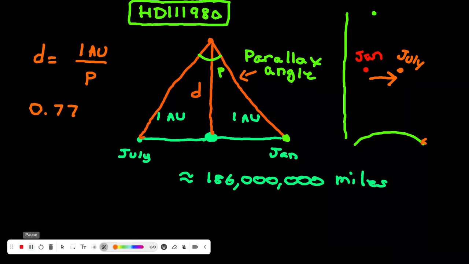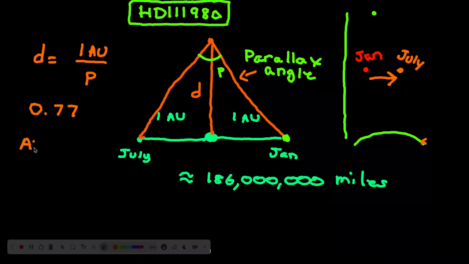Now, to get the parallax angle, you have to really take careful measurements. Obviously, you need a telescope. And attached to the telescope, you need this thing called a heliometer. And helio means sun. And it's basically like a protractor. But unlike a protractor, which only measures degrees, the heliometer will measure arc seconds. Because you really need very small measurements.